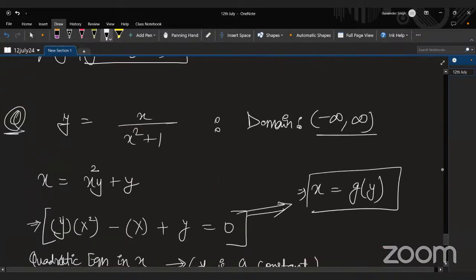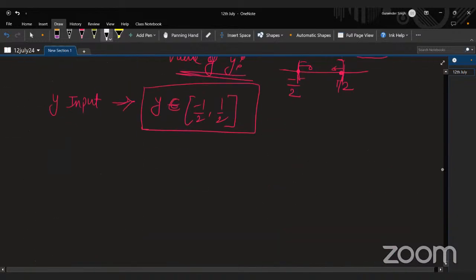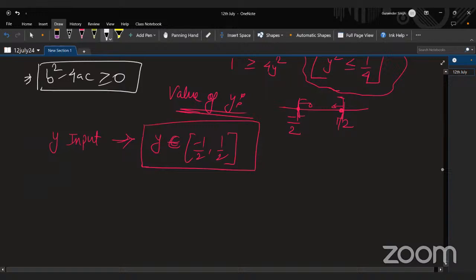Domain is telling me you can give me any value of x, I will easily accept. All real numbers it can accept. So I will give it all values. So my range, that is my values of y, will be -1/2 to 1/2.